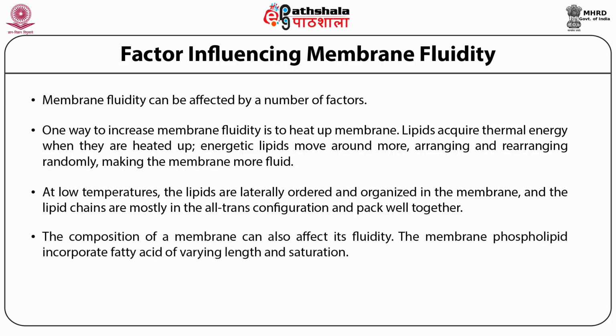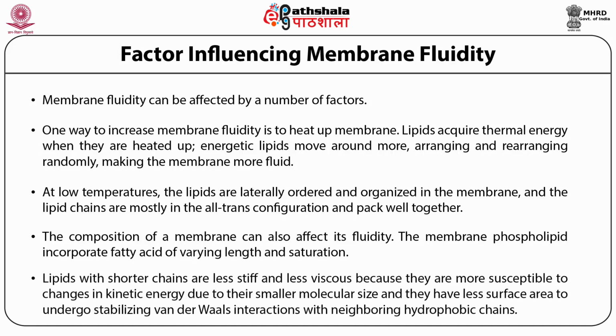Membrane phospholipids incorporate fatty acids of various length and saturation. Lipids with shorter chains are less stiff and less viscous because they are more susceptible to changes in kinetic energy.